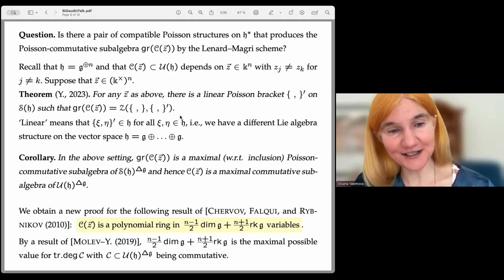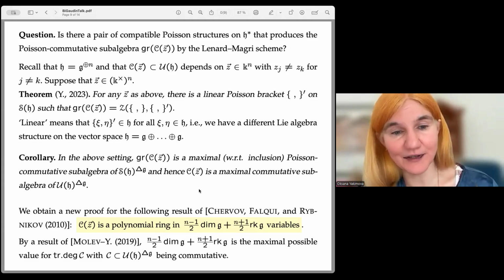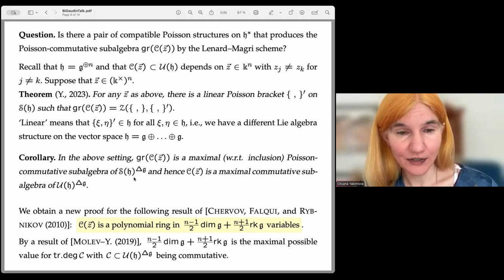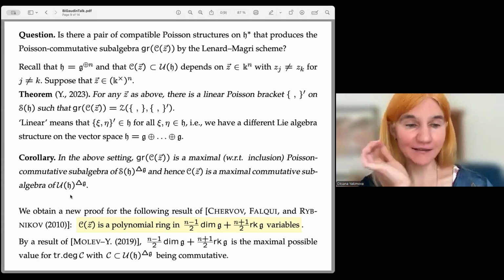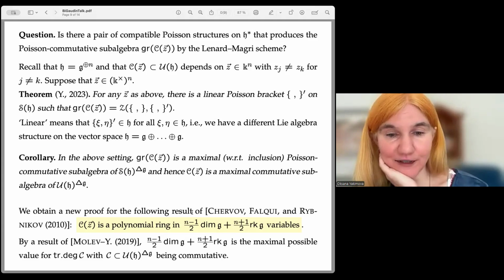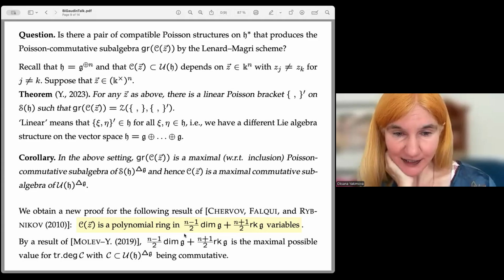So what advantages are we getting? First of all, we can show using the theorem that the Gaudin subalgebra or its Poisson analog, classical analog, are both maximal with respect to inclusion. So either in the invariants of a diagonal G in the symmetric algebra or in the invariants of G in the enveloping algebra. And we also obtain a new proof for the result of Chervov, Falqui, and Rybnikov that the Gaudin subalgebra is a polynomial ring.